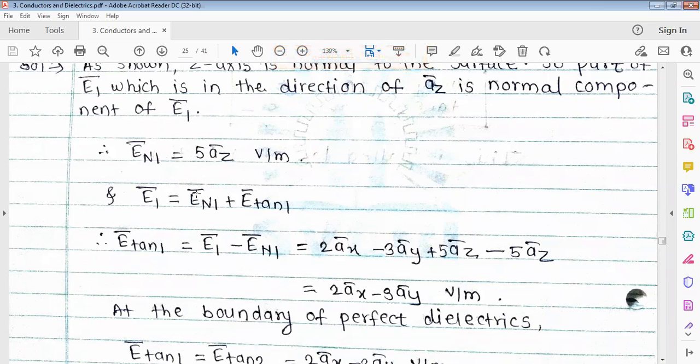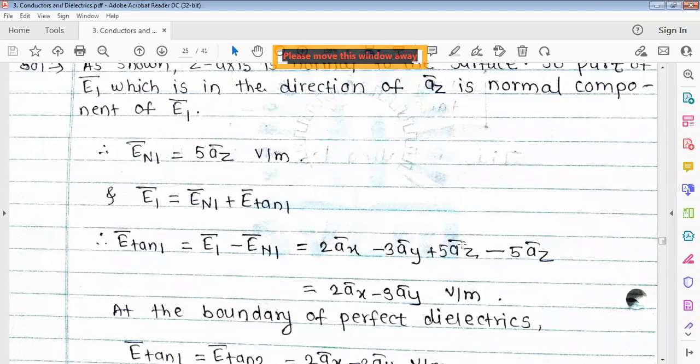Simply, it is taken to the left side. We have the total E1 bar in dielectric medium 1, so E1 bar is equal to 2 A bar x minus 3 A bar y plus 5 A bar z.